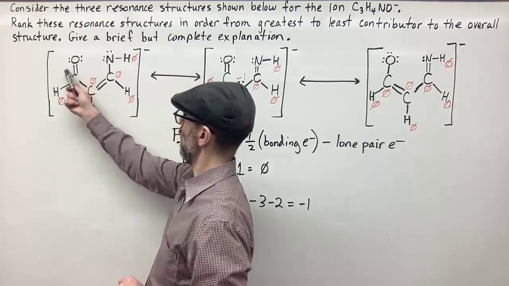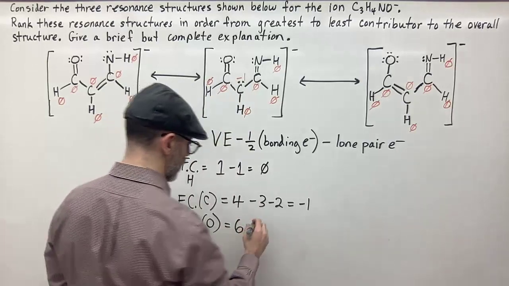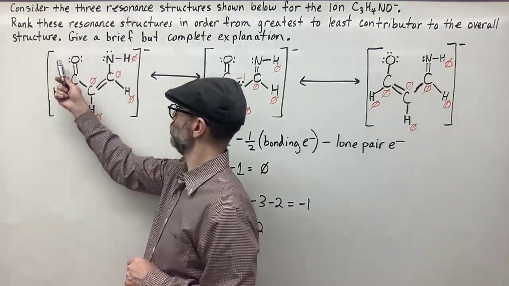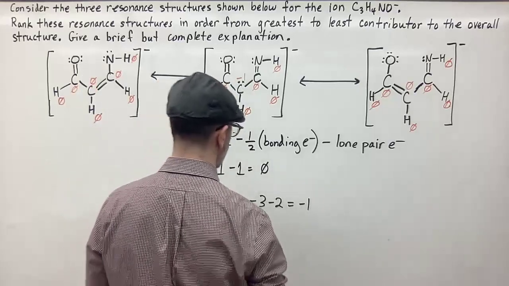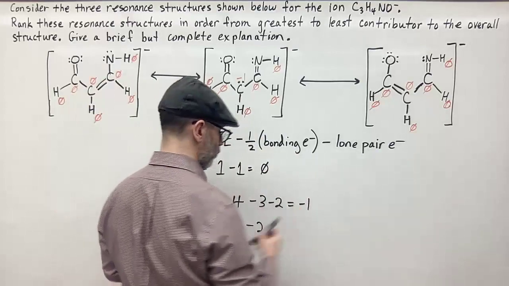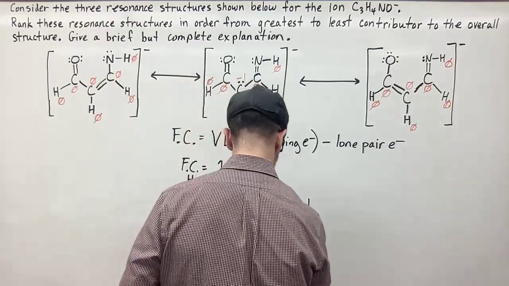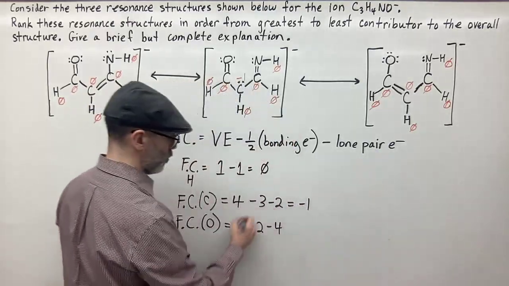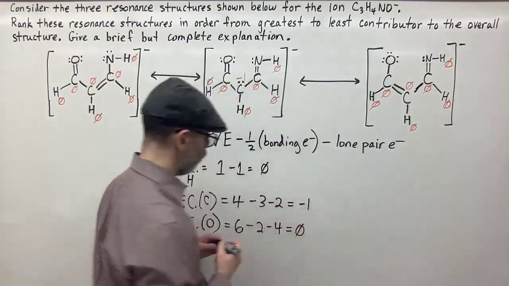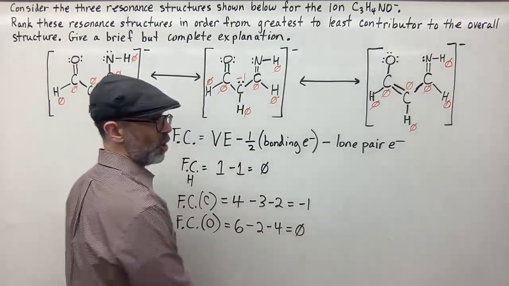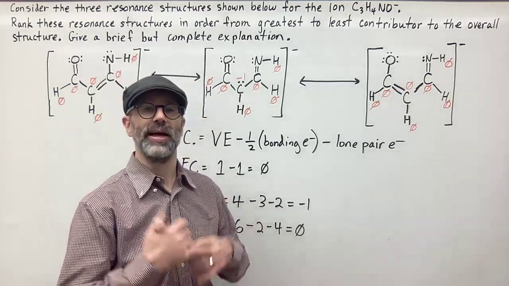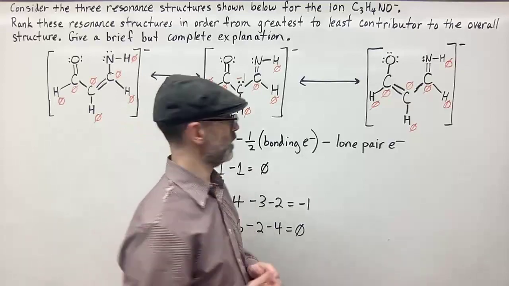So it has 2 bonds, so we're going to subtract out 2. And it has 2 lone pairs, so that's 4 electrons. So we're going to subtract out the 4 electrons for the lone pairs. And then when you add this together, you get 0 formal charge again. So oxygen, when it has 2 bonds and 2 lone pairs, has a formal charge of 0.